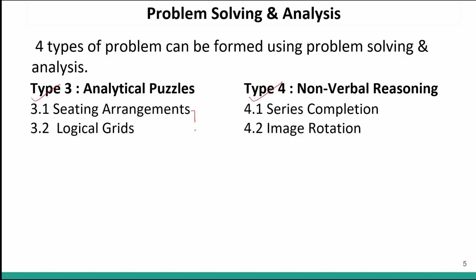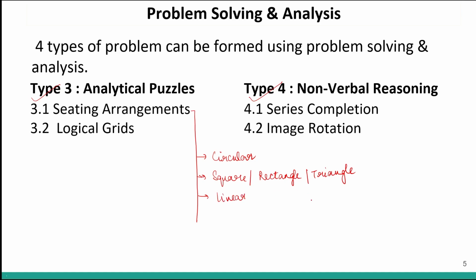Seating arrangements can be of four types that you can get. The first type is circular seating arrangement. Then you can get a square or a rectangle or a triangle seating arrangement. Then you can get a linear seating arrangement.